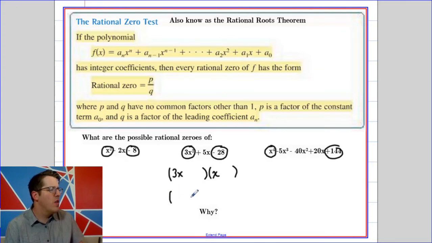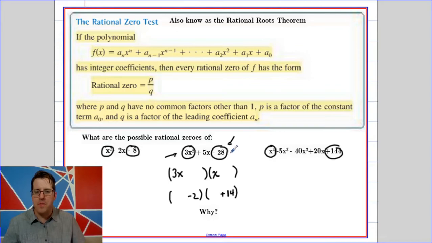And the last terms would be something like -7 and +4. Or maybe not -7 and +4, but maybe something like +14 and -2. Right, so it would have something to do with this first term and something to do with this last term.